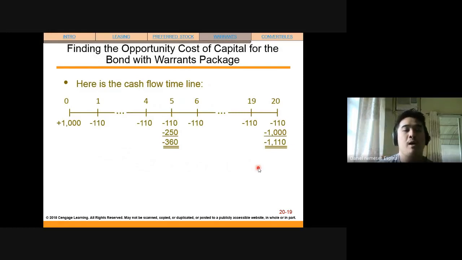As we know, for the 20-year life of the bond, you're going to pay 110 each year. Although today you will receive 1,000, in the years after that until year 20, you are going to pay 110. And at year 20, aside from the interest you pay to the bondholders, you return their capital. So that's one negative 1,000.